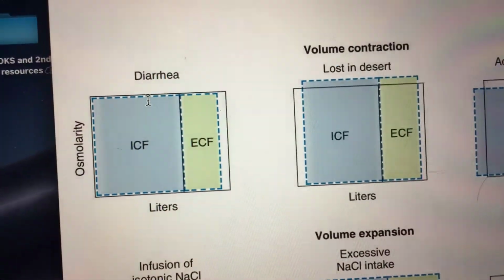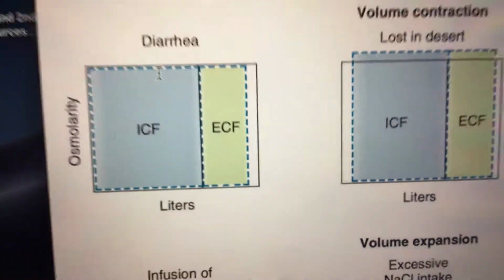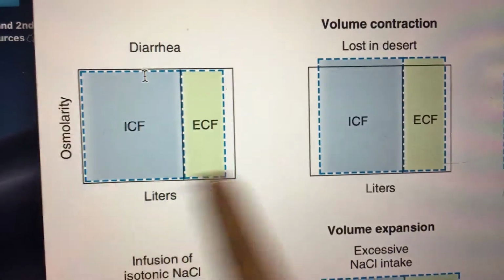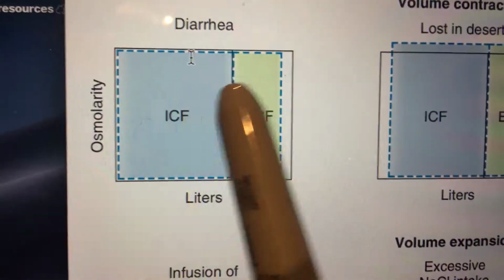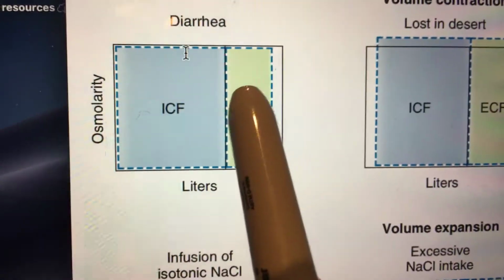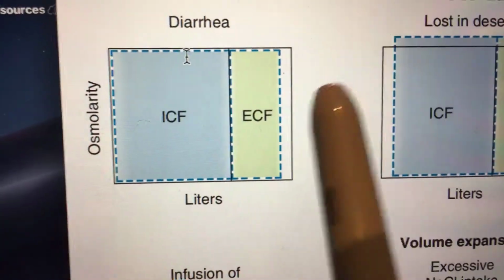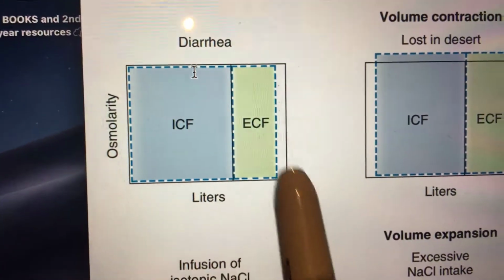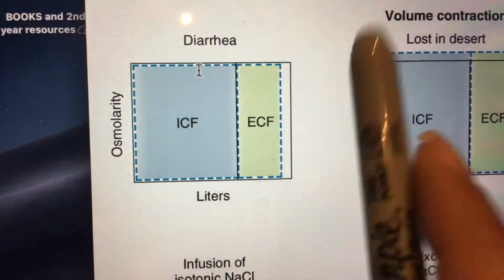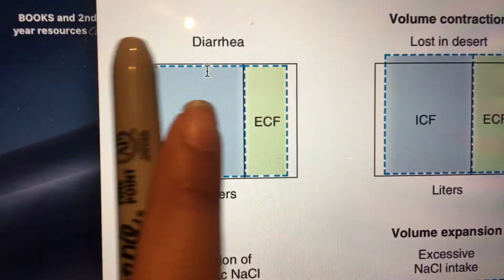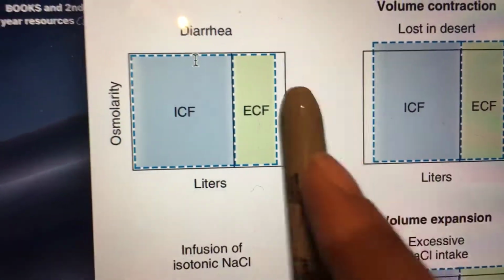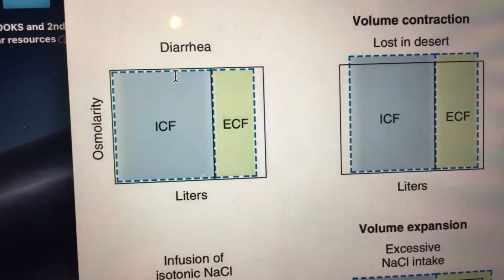It is not. So let's just be really clear. The green line is the expansion or contraction. So this is actually isotonic or isoosmotic volume contraction. As you can see, it's moved backwards from the basal line, okay?